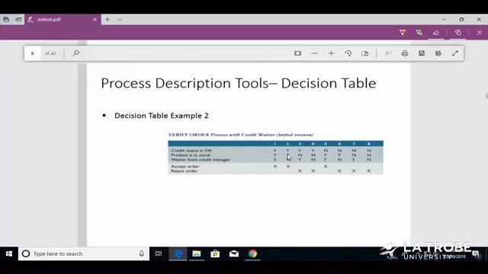The second rule: when the first condition is okay, the second condition yes, the third condition no, we still accept order. Third one, yes, no, yes, reject order. Fourth one, yes, no, no, reject order, and so on. Now you may ask, based on this question, how can we identify the accept order and reject order?